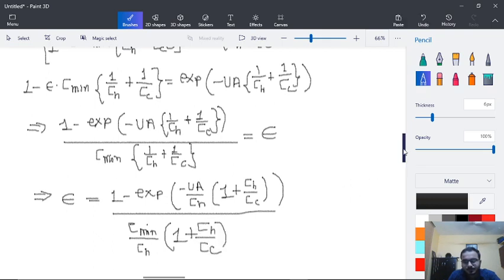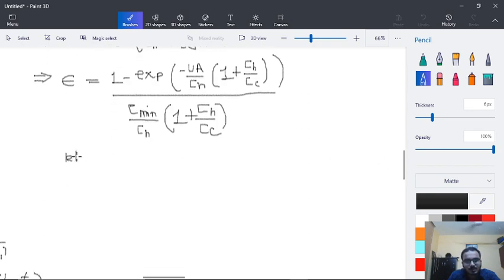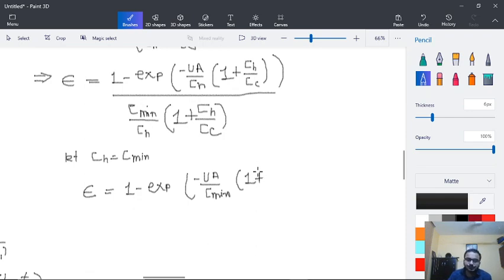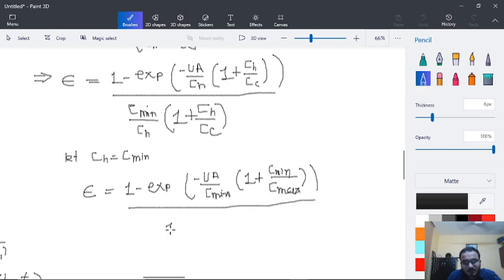So here let Ch be equal to C minimum, then epsilon will be equal to 1 minus exp of minus UA upon C minimum into 1 plus C minimum upon C maximum, divided by 1 plus C minimum upon C maximum.